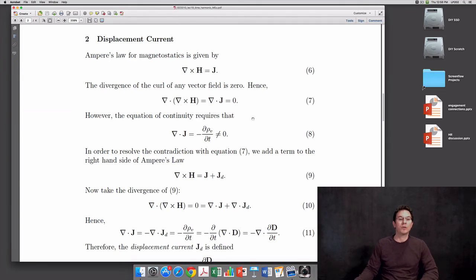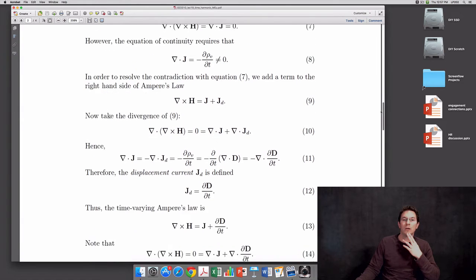However, we just showed that the equation of continuity requires that the divergence of J is equal to minus the time rate of change of the charge density rho sub v, which is not necessarily equal to 0. So we have a conflict between the magnetostatic Ampere's law and the equation of continuity, and somehow this conflict needs to be resolved.